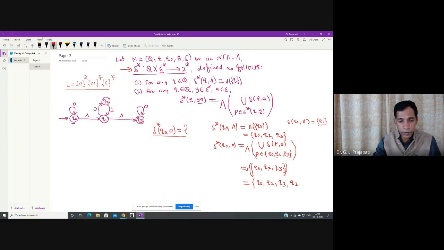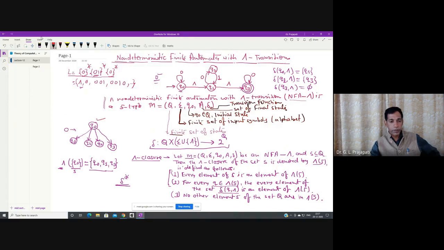From q1 you have the null transition to q3, but q3 is already here. So these are the only states. This means whenever your machine is at the state q0 and it takes the input 0, it can go to these states: q0, q2, q3 and q1. That's why, as we have seen earlier, once you are at the state q0 and somebody gives you the input 0, your machine can be at q0, q1, q2 or q3.